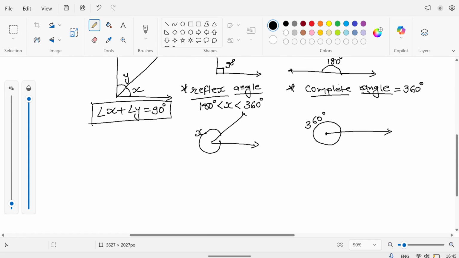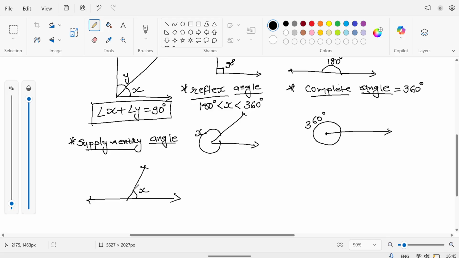The other one is supplementary angles. Two angles which, when we add both of them, give 180 degrees are called a pair of supplementary angles.